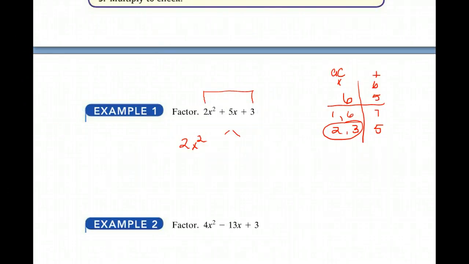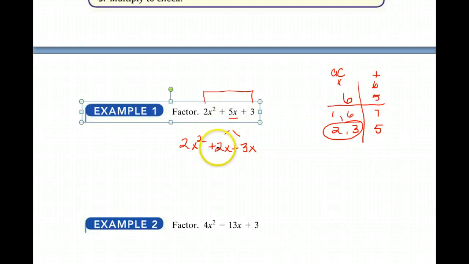So since we found positive 2 and positive 3, we're going to split 5x into 2x plus 3x. If we put them back together, 2 plus 3 is still equal to 5, so we have not changed that value. And then lastly, we bring down the positive 3, which was the number that's in the position of C.